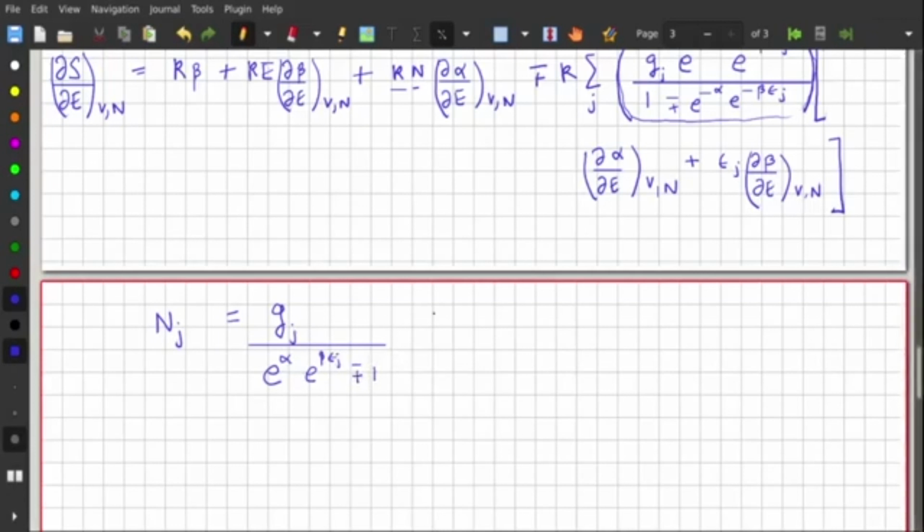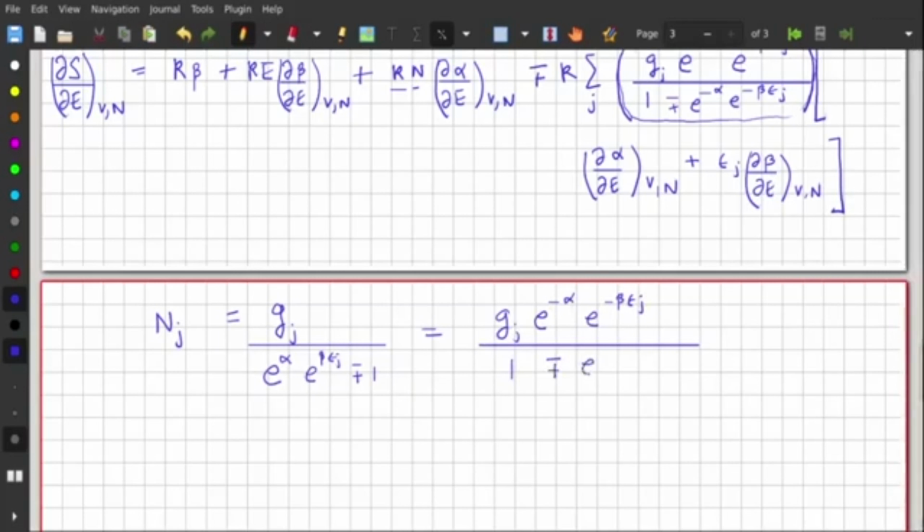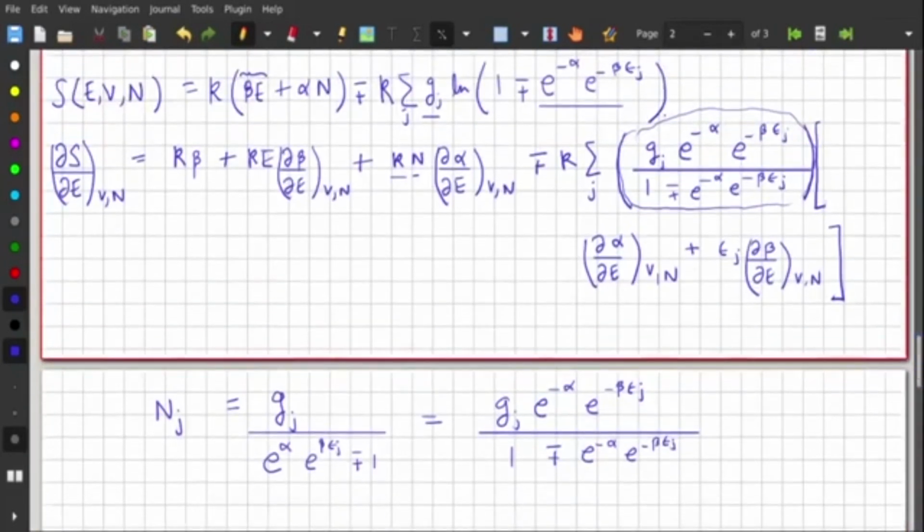Okay, so that is the equilibrium particle distribution, and this could be rewritten as Gj e to the power minus alpha e to the power minus beta epsilon j all divided by 1 minus plus e to the power minus alpha e to the power minus beta epsilon j. If you see, this complicated term is nothing but Nj itself.